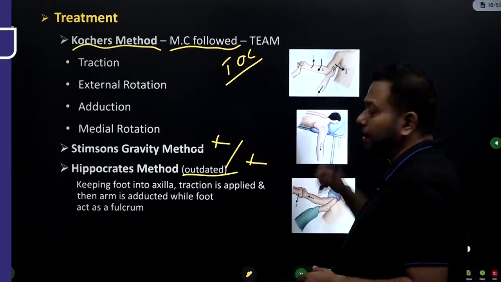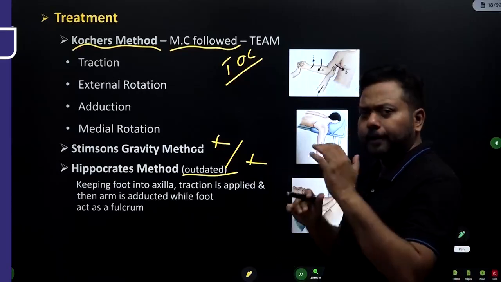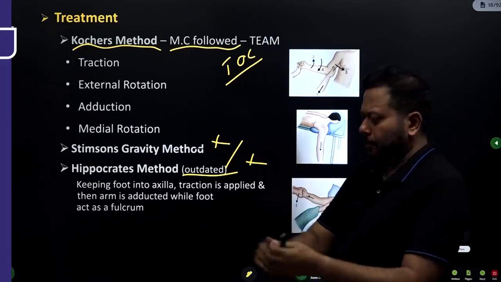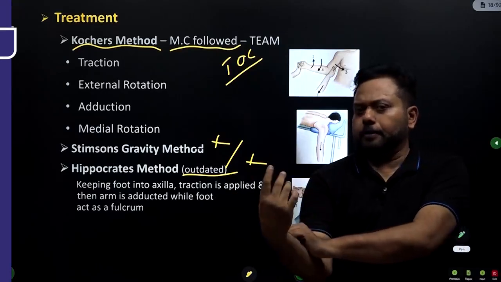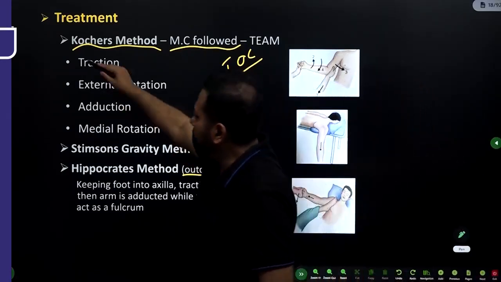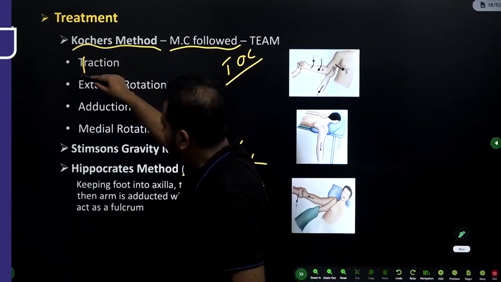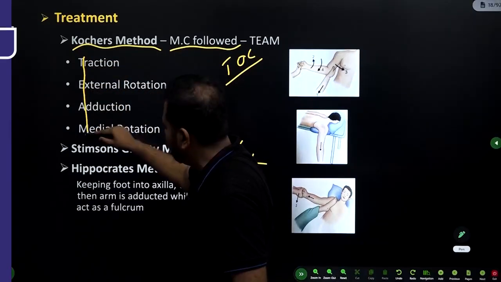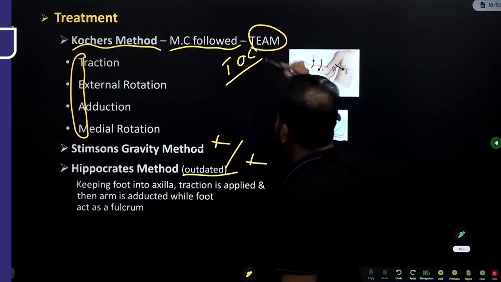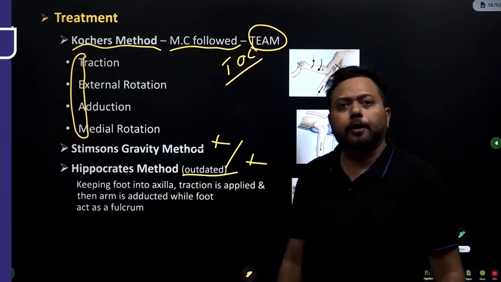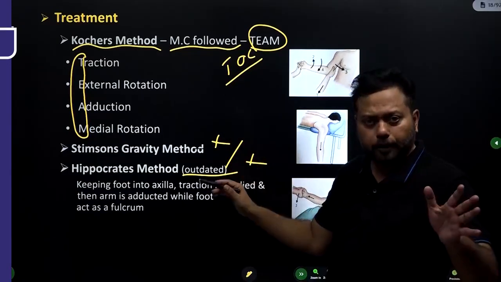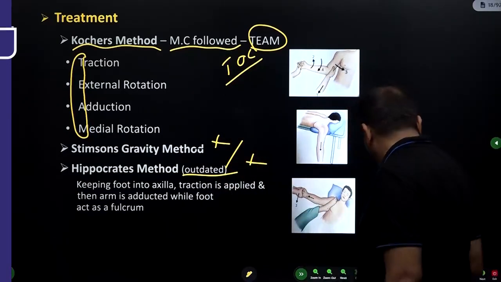The patient is lying down, and you give traction, external rotation, adduction, medial rotation. The first letters, traction, external rotation, adduction, medial rotation, frame the mnemonic TEAM. This is called TEAM technique. This is the treatment of choice, a one lakh times repeated MCQ.